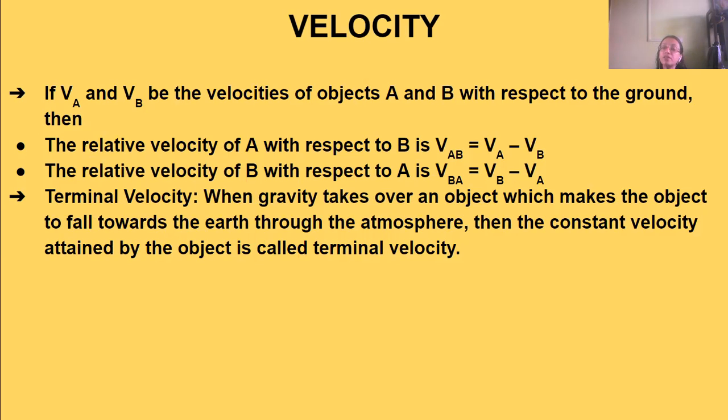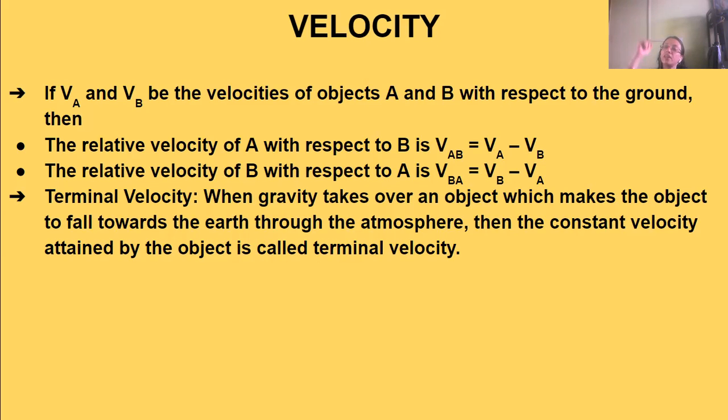Now, terminal velocity. When gravity takes over an object, which makes the object fall towards the earth through the atmosphere, then the constant velocity attained by the object is the terminal velocity. What happens if you drop an object from a distance above the earth?